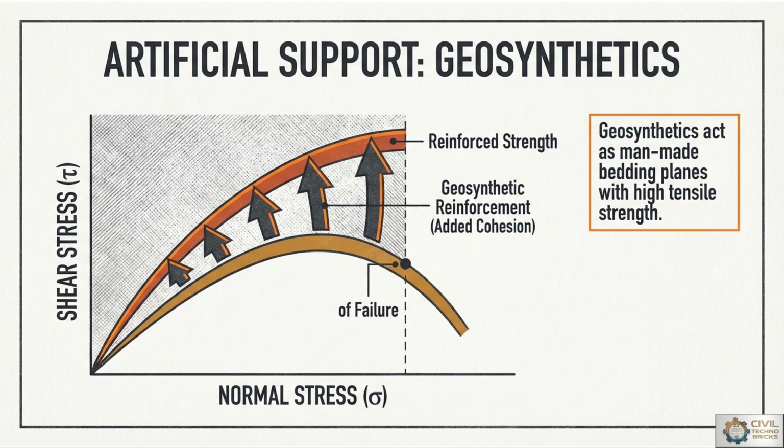Here the graphical representation shows the stress diagram with reference to normal and shear stress: normal stress on the x-axis and shear stress on the y-axis. The orange graph shows the reinforced strength and the yellow graph shows the failure.